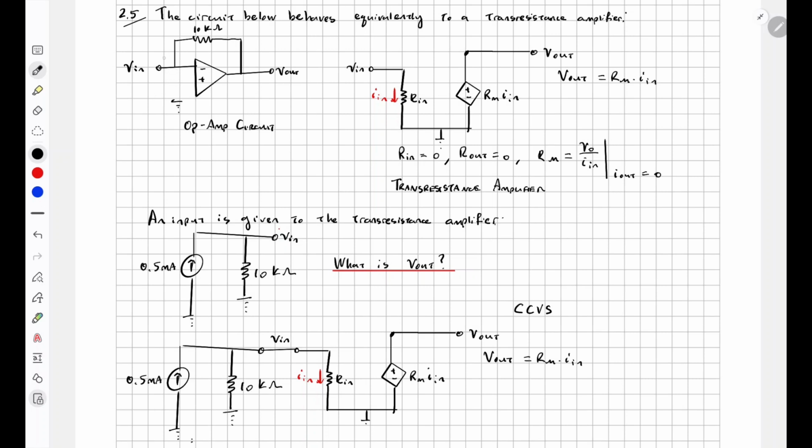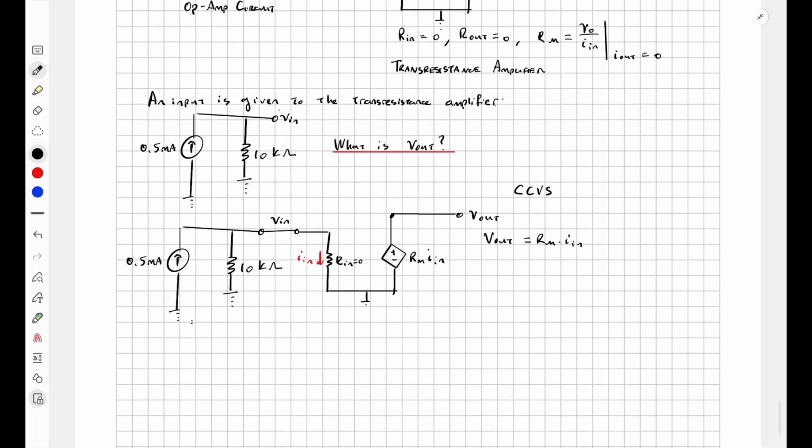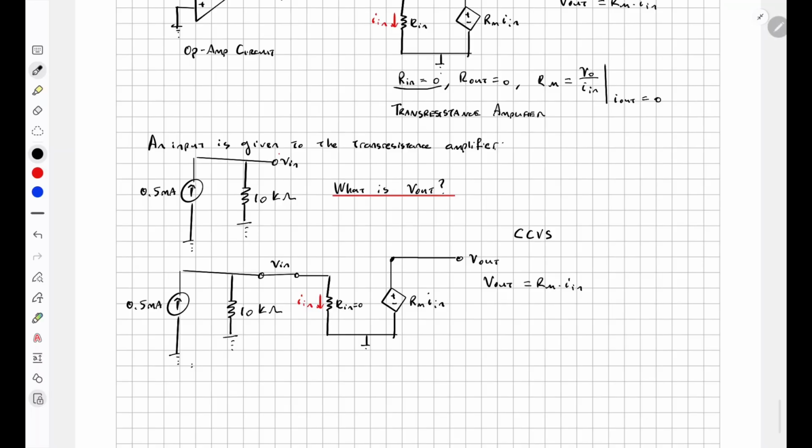So we can pretend there is a path of the input signal that goes from Vn to ground. There is no input resistance, so we can say this is 0.